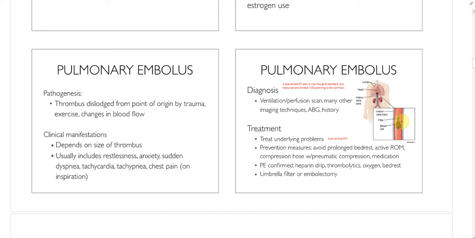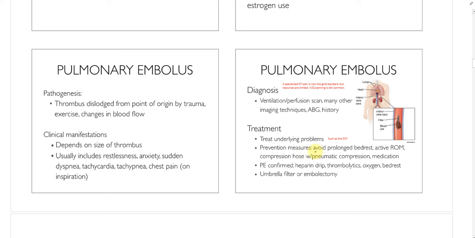We may give some thrombolytics or blood thinners to try to break this down safely while it's caught in this umbrella. We're also going to teach and promote prevention measures, both to prevent the current PE or clot situation from getting worse, and to allow the patient to, on their own in the future, avoid getting another PE.